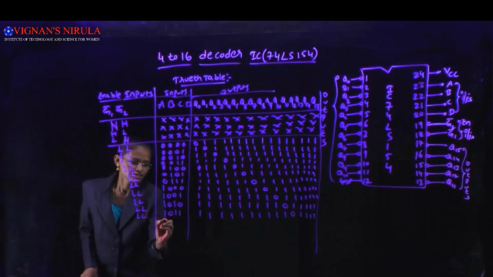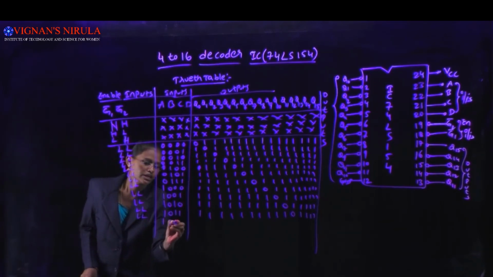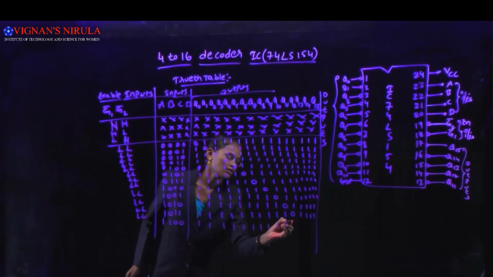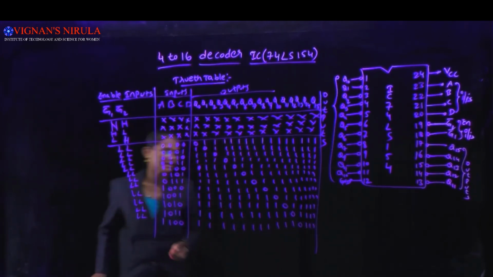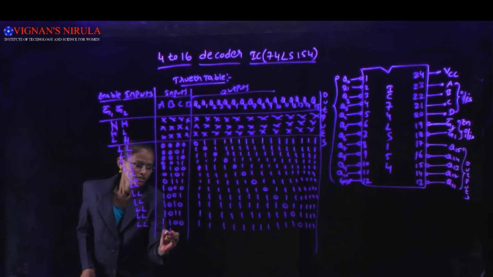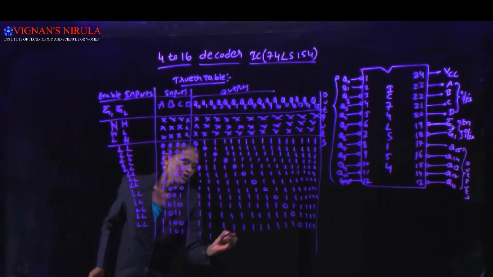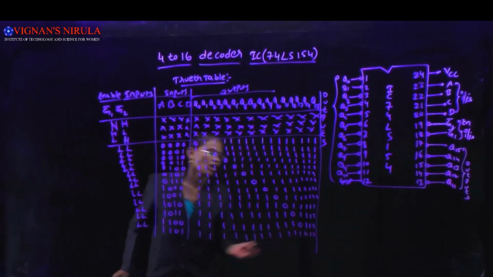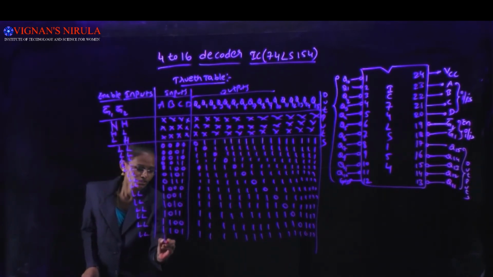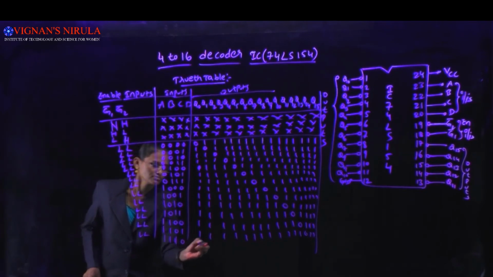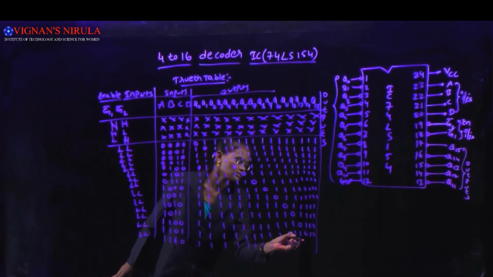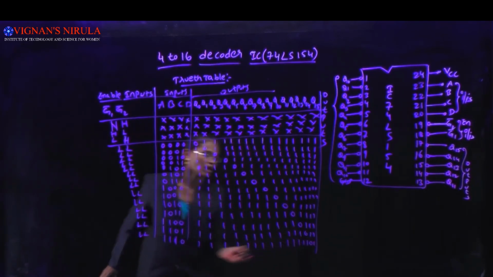And next 12, 1100. Q12 output is low and remaining all are 1s. And next 13, Q13 output is low and remaining all are 1s. And next 14, Q14 output is low and remaining all are 1s.